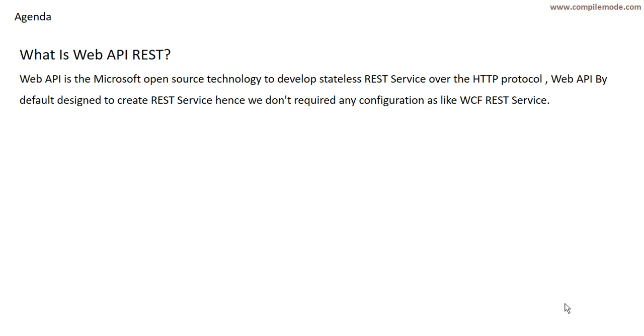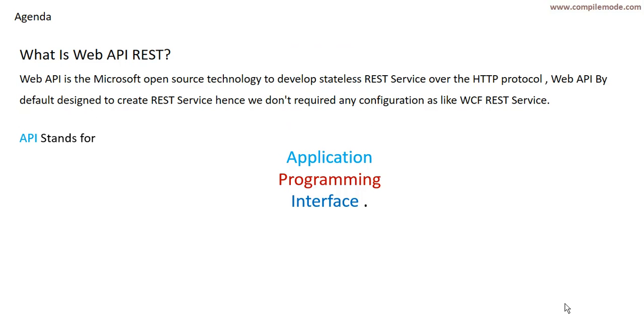Let's see what Web API is in more detail. API stands for application programming interface. Examples are the Google API, Yahoo API, and some Microsoft Cognitive Services.